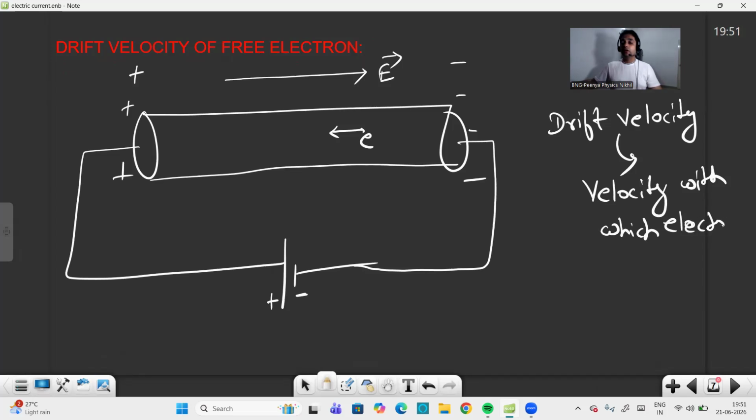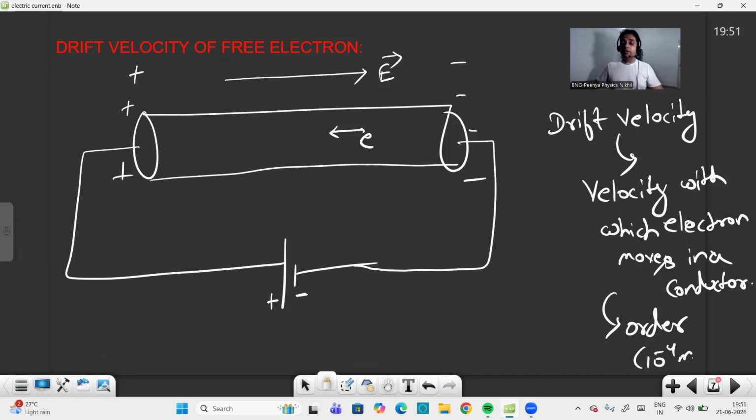Understood? What is the order of this? The drift velocity's order is 10 to the power minus 4 meter per second. So you can imagine it is 0.0001 meter per second.